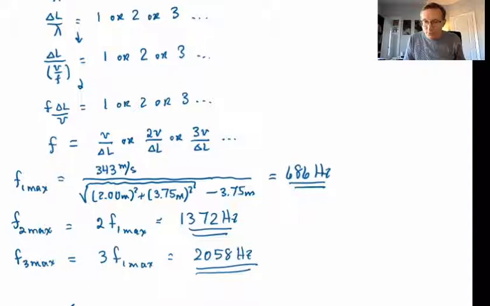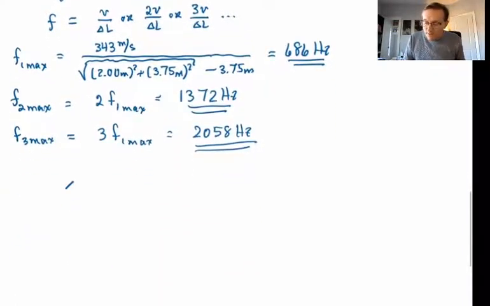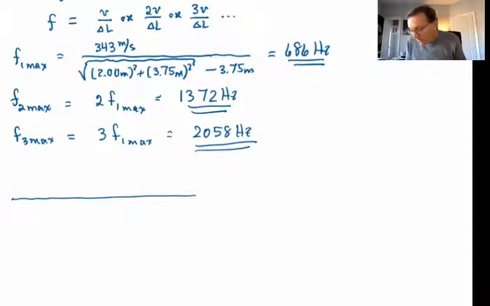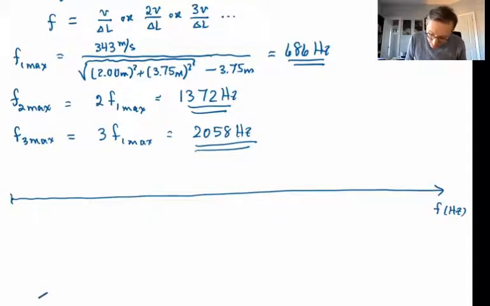So what I'd like to do is draw kind of a number line, if you like, a frequency line. Let's draw that down here. Going to the right. Frequency in hertz. 0 at the low end.